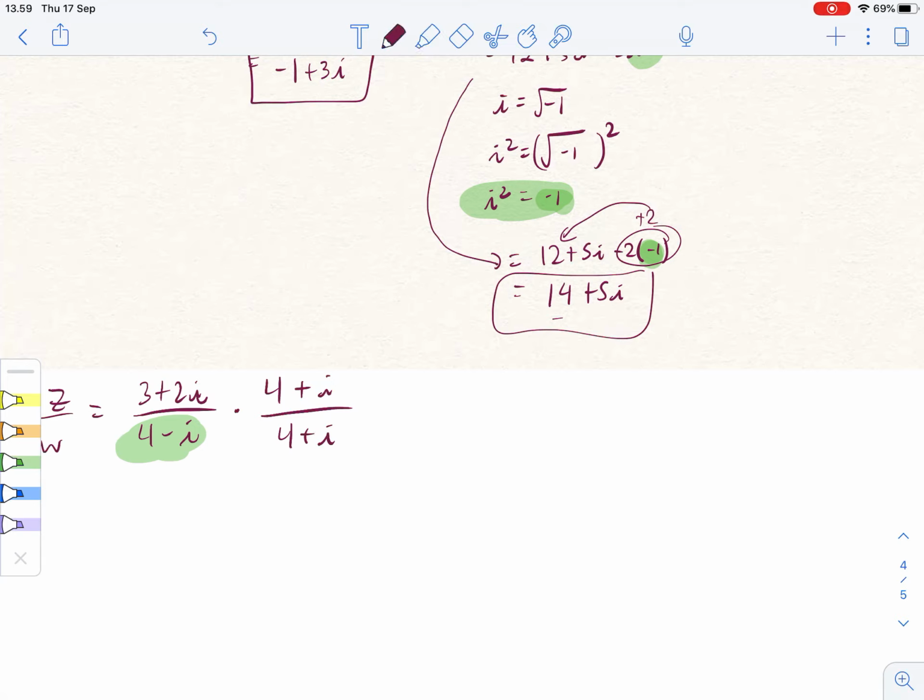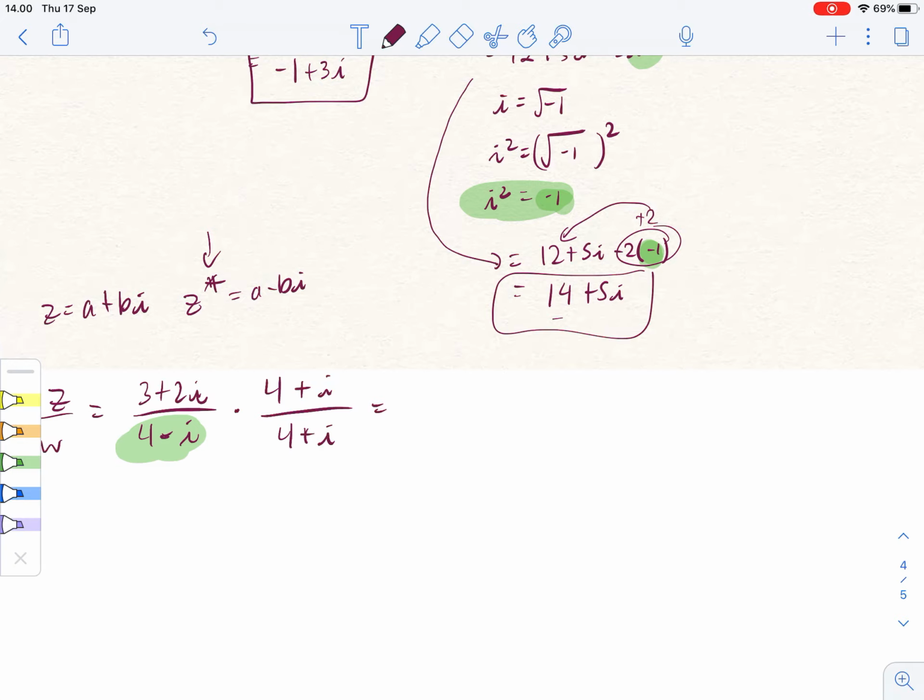Okay, and remember the complex conjugate is, if I have z equal to a plus bi, the complex conjugate, using that asterisk symbol, is a minus bi. So notice this is a minus, so the opposite would be plus, the complex conjugate.